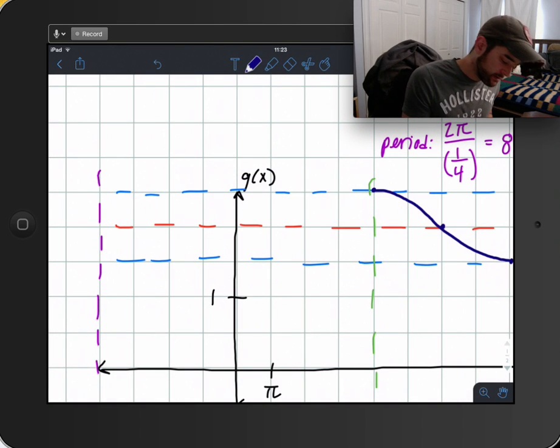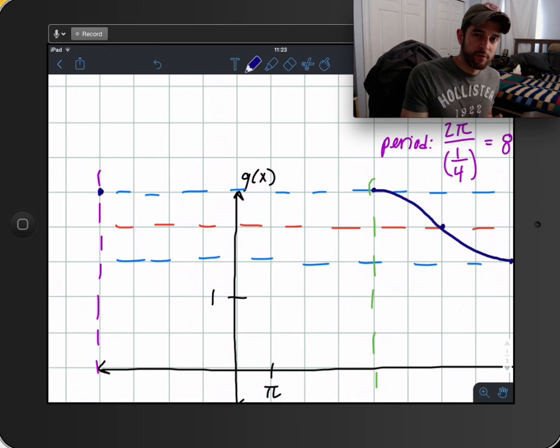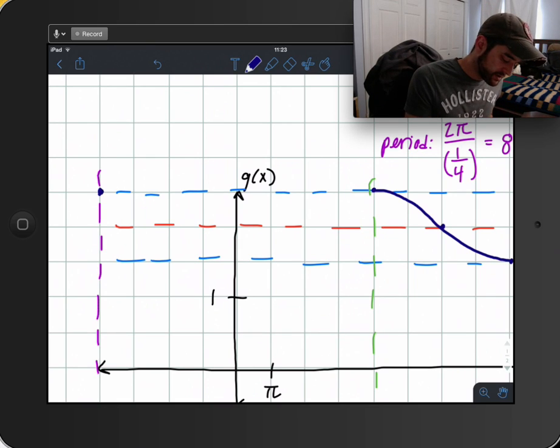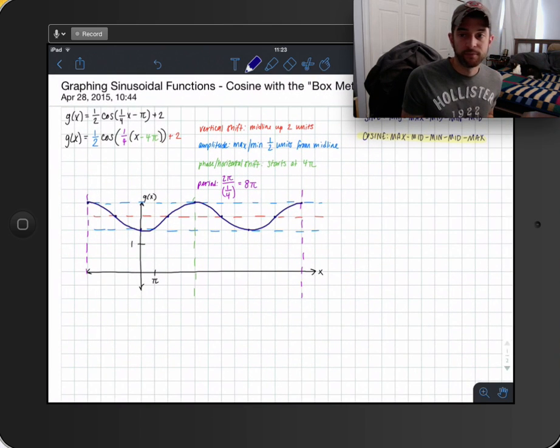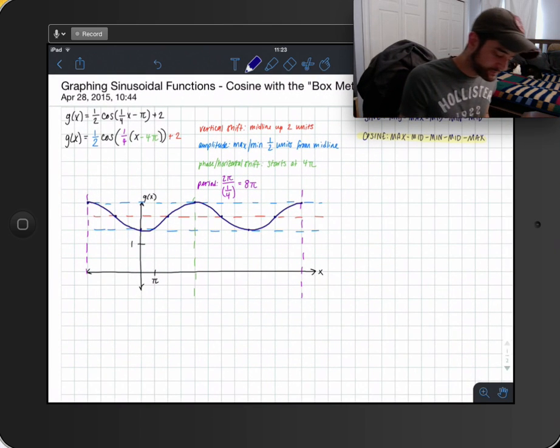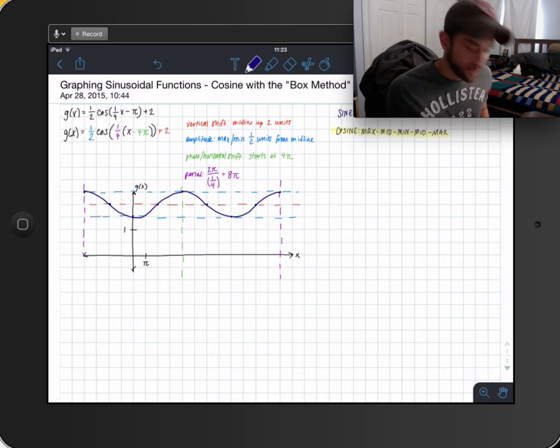And then again, if I start at the top leftmost corner in this case, 1/4 of the way through at midline, minimum, midline, maximum. You get another period's worth of cosine. You can just keep repeating this in every direction using that same exact progression.